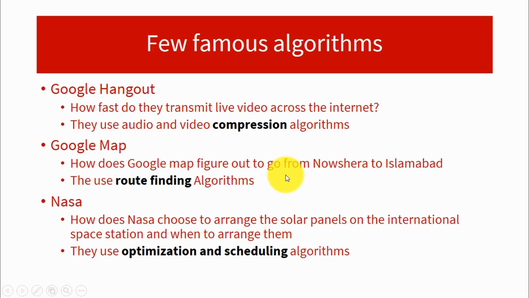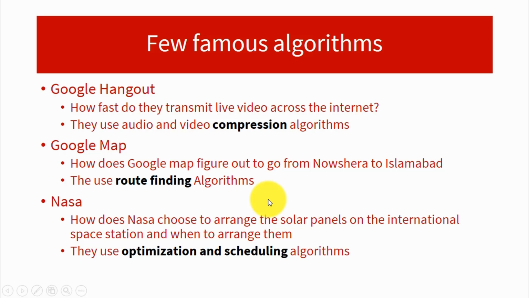It's going to draw the route, and how does it do it? Based on a route finding algorithm behind the scenes. Similarly, NASA has solar panels on the International Space Station, and when arranging those panels, for example, they are using an optimization and scheduling algorithm. So these were some of the famous algorithms I just wanted to talk about.